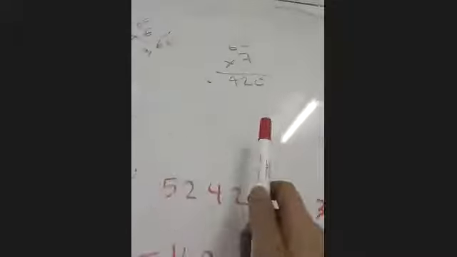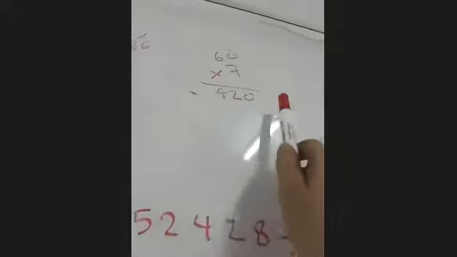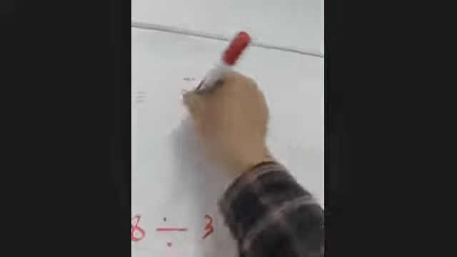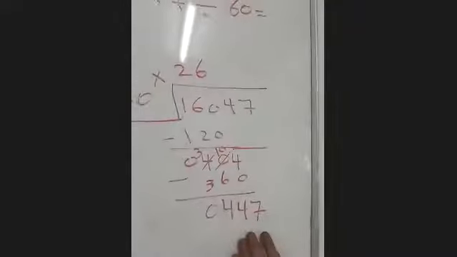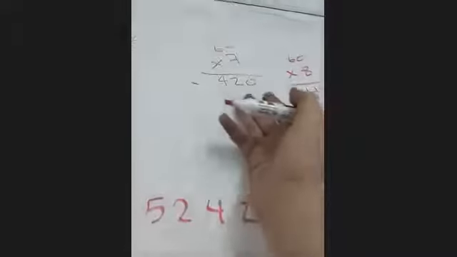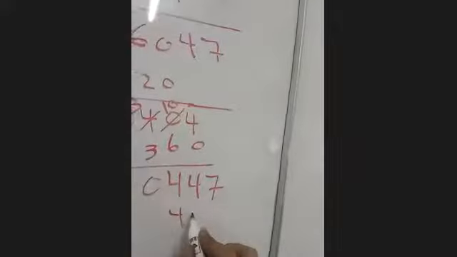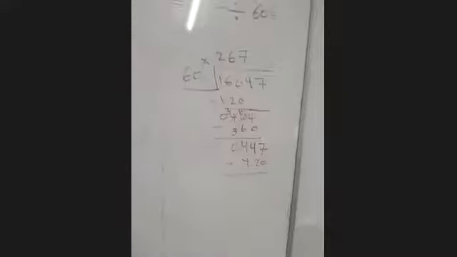447, I have here 420. If you guess 8, guys, look at the 8. It's 480, which is bigger than 447. So what will I choose here? 420 comes from 7. So I'll put 7 here. 7 by 60, 420. Now subtract.